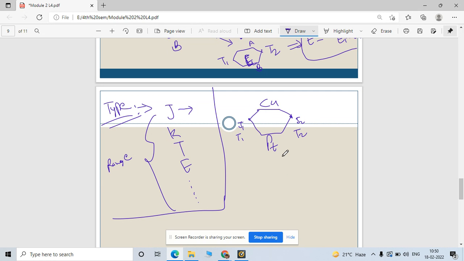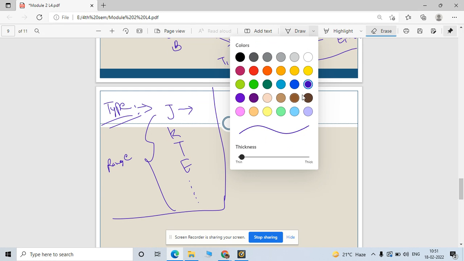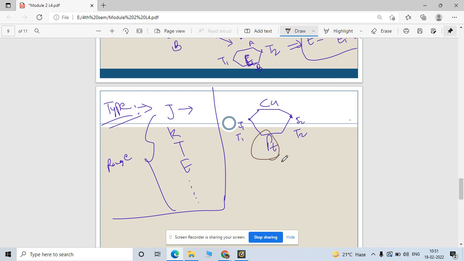So generally we are taking this platinum as a reference, and the sensitivity of the overall system is considered as 0, okay.